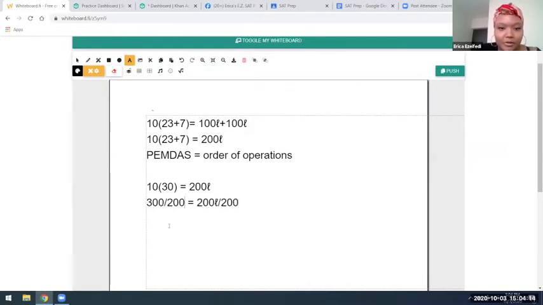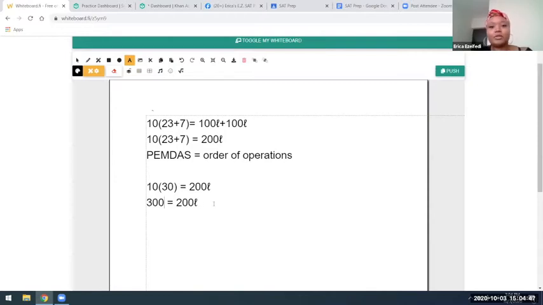I hope that's not confusing for anyone. We're dividing by 200 because that would isolate the L. When you want to isolate a letter in algebra, you want to do the opposite to it of what is being done to it. Let me erase this really quickly and show you what I mean.